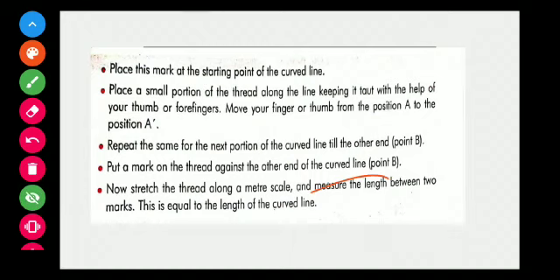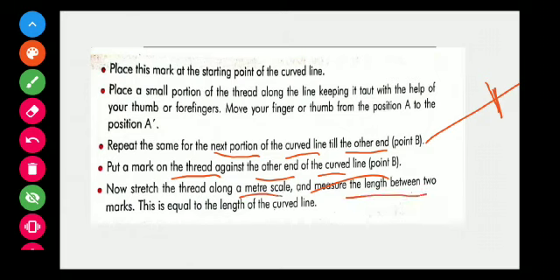Repeat the same for the next portions of the curved line till the other end B. Put a mark on the thread against the other end of the curved line.